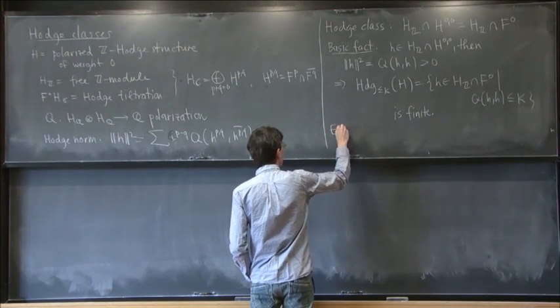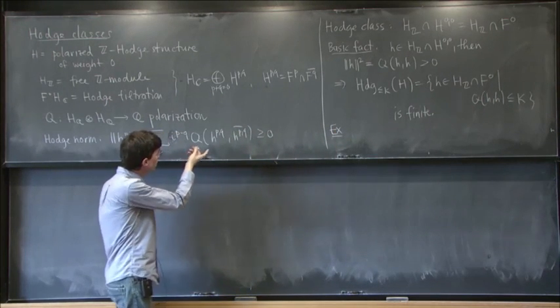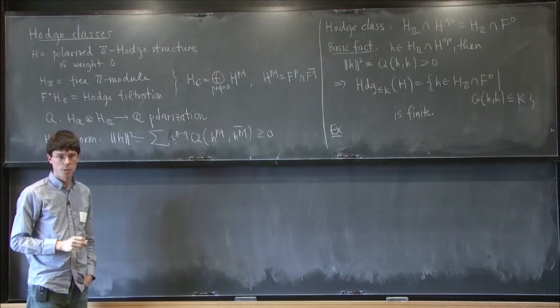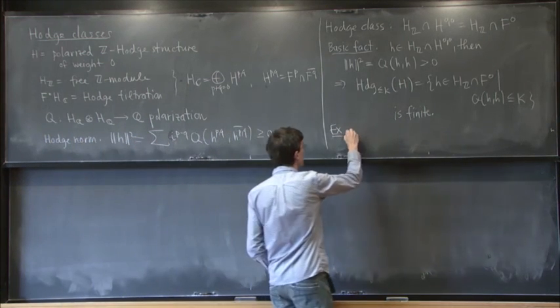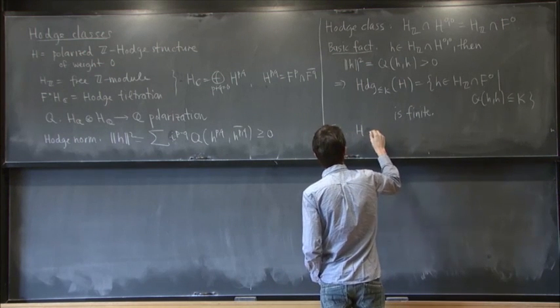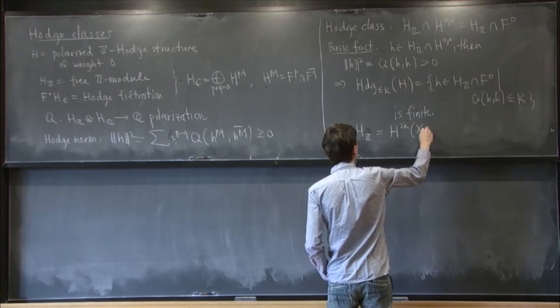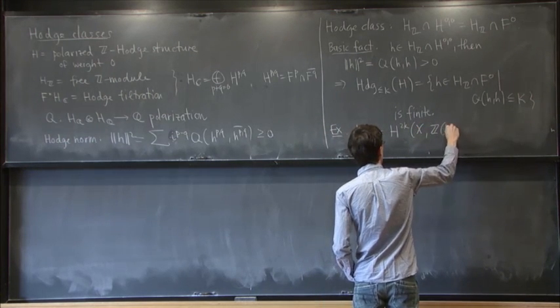Okay, so again, I'm sure everyone knows this, but the typical example of this would be the cohomology of a smooth projective variety, right? So you could take H_Z to be, say, H^{2k}(X, Z(k)).